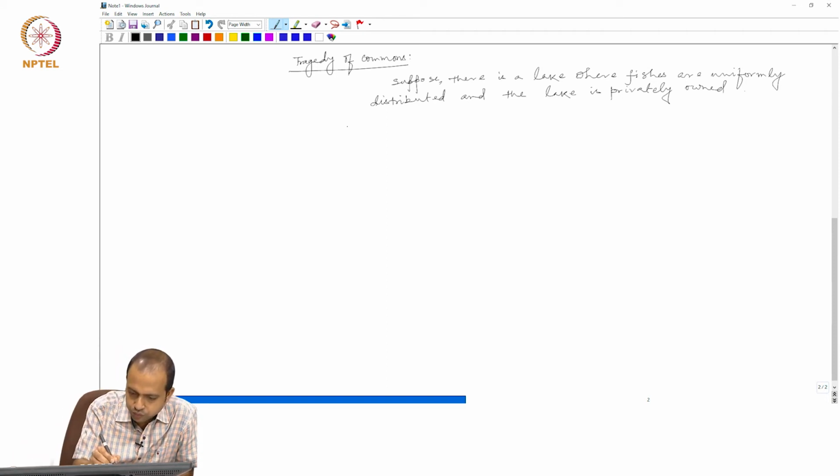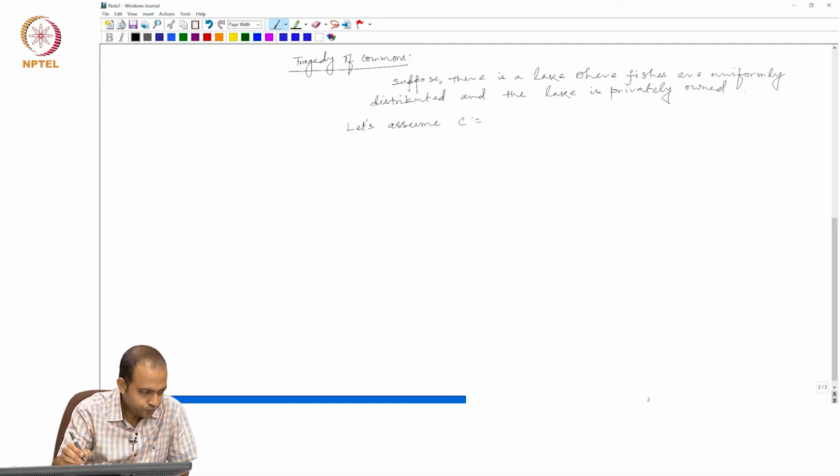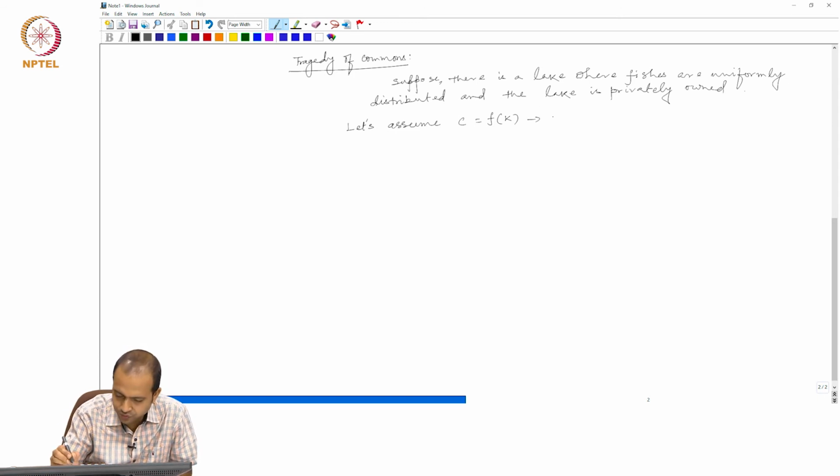Let us assume C equals f of k, which is basically the fish catch function, okay, fish catching function.